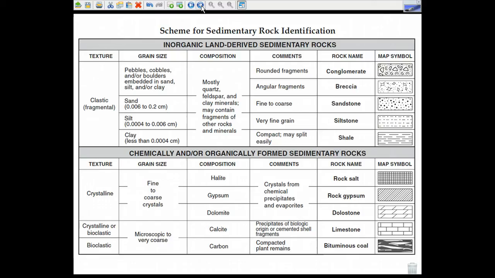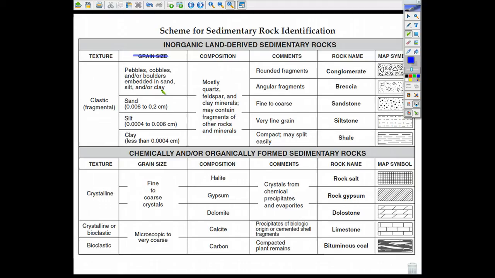They classify them even further by texture, so something could be clastic or fragmental. And you can see that it kind of goes by grain size. Use the highlighter. Let's see, I like blue. If we go by grain size, we could see pebbles, cobbles, boulders, embedded in sand, silt, and/or clay.